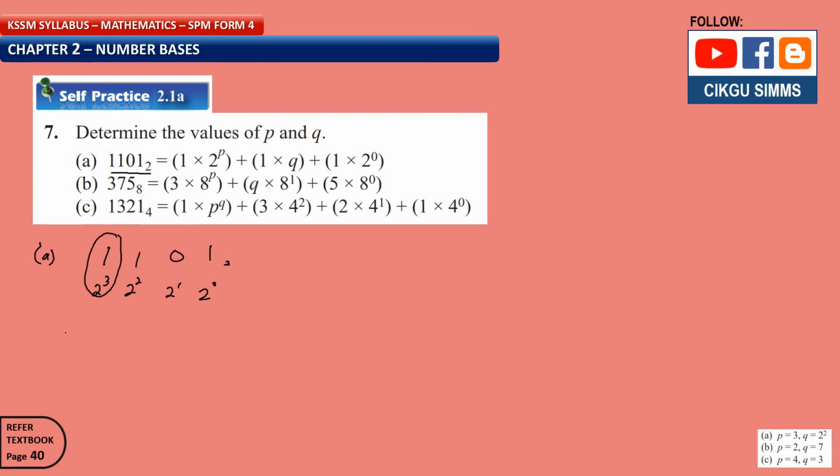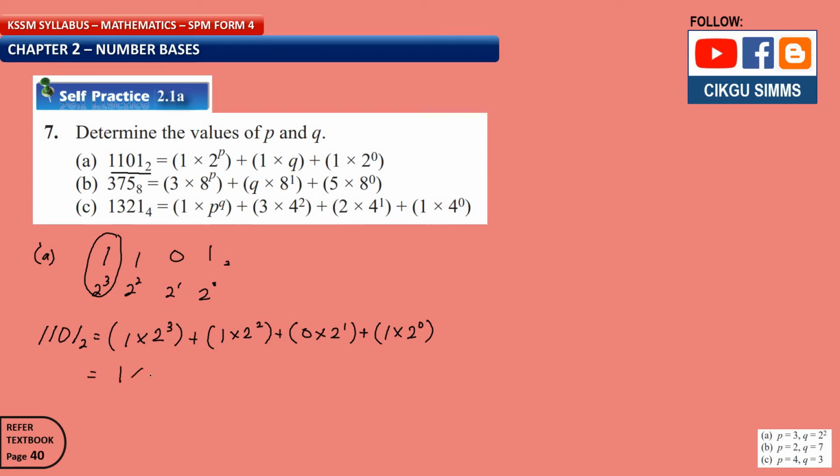So this one times this one. 1 times 2 to the power of 2, 0 times 2 to the power of 1, 1 times 2 to the power of 0.